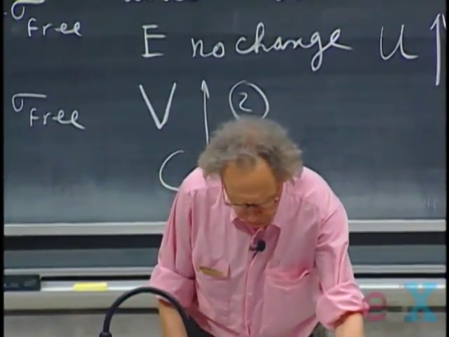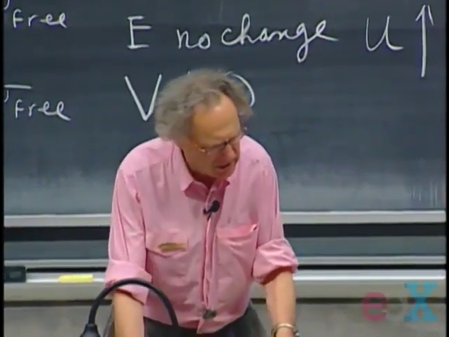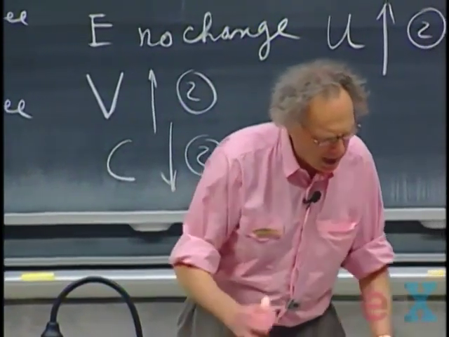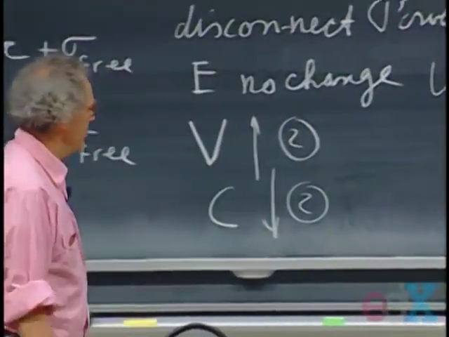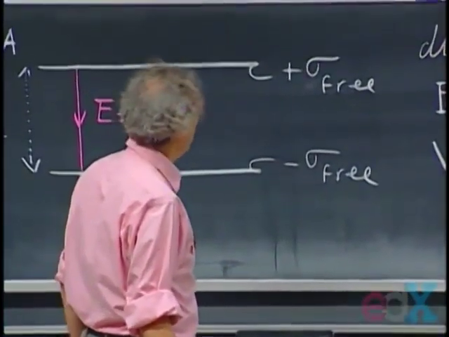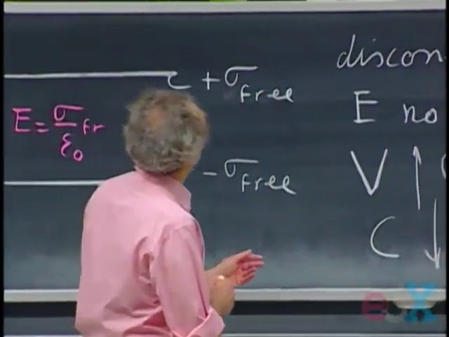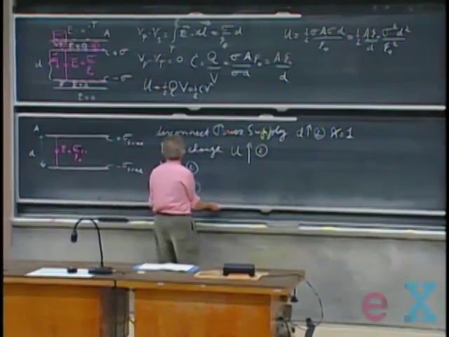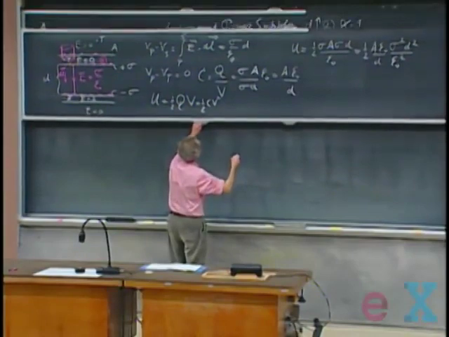All right. So this is the first part whereby we changed D. Now, I go back to D, leave it as it was, and now I want to change kappa. I'm going to move in a dielectric. I'd like to stay working on the center board.